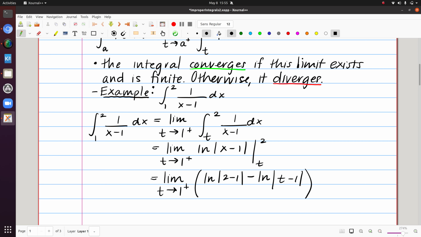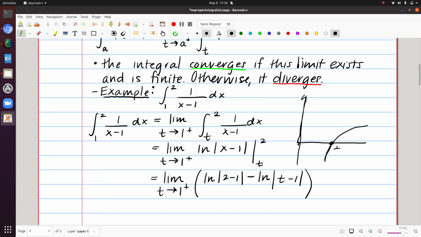Now, if you think about the natural log of t minus 1, first of all, that's going to be the natural log function shifted over 1 unit. So it's going to look like this, but it's going to cross at 2 instead of at 1.